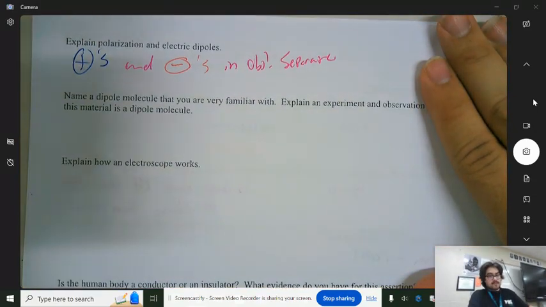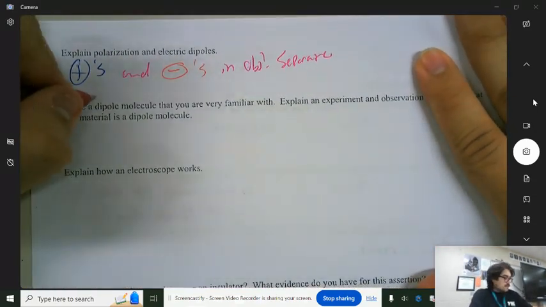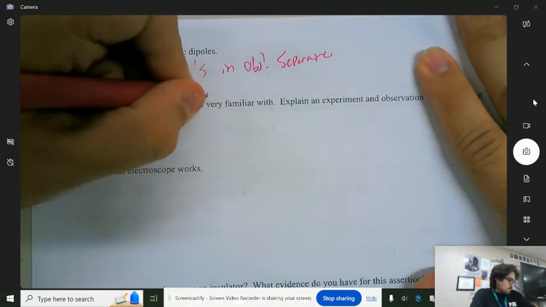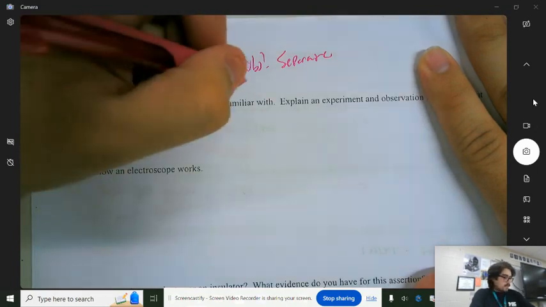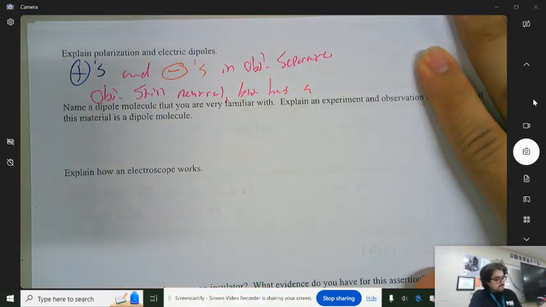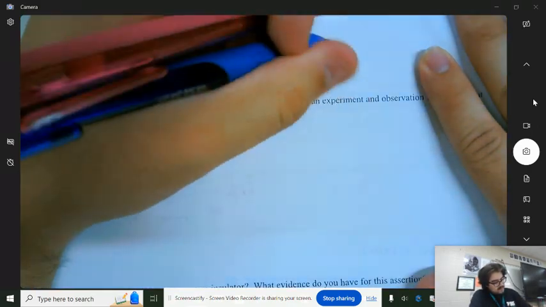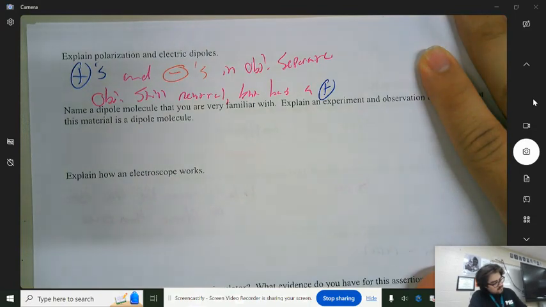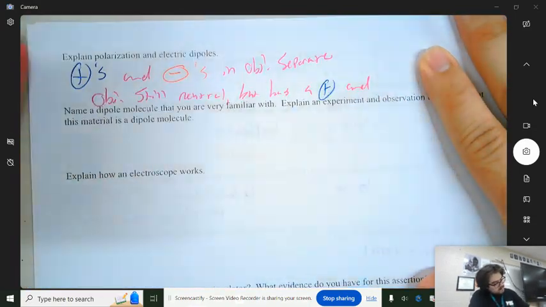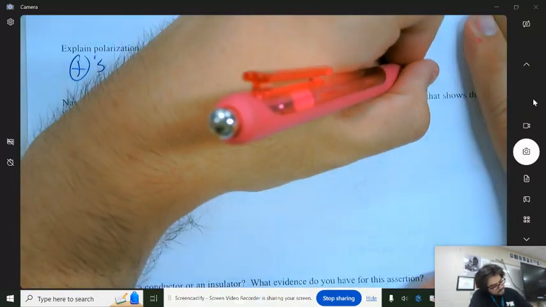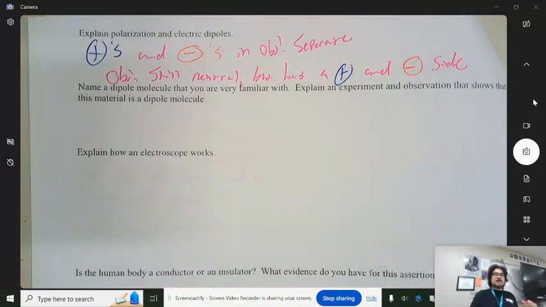The object is still neutral, but it will have a positive and a negative side.